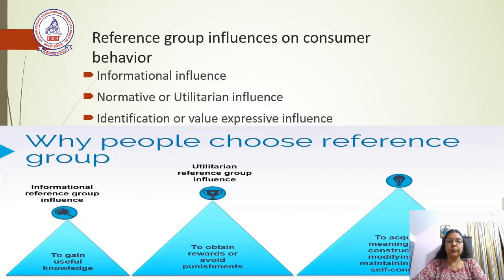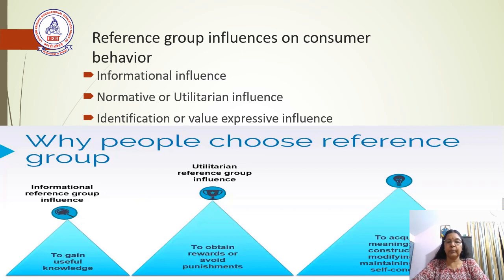Reference group influence is of three types: informational influence, normative or utilitarian influence, and identification or value expressive influence. Informational reference groups are those which the consumer refers to in order to collect useful information that will help his purchase behavior.